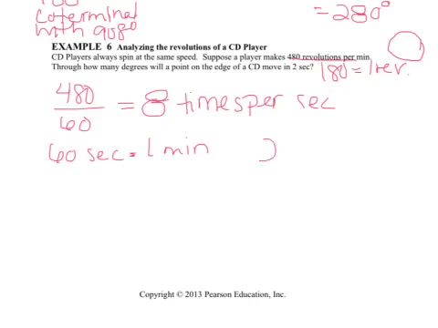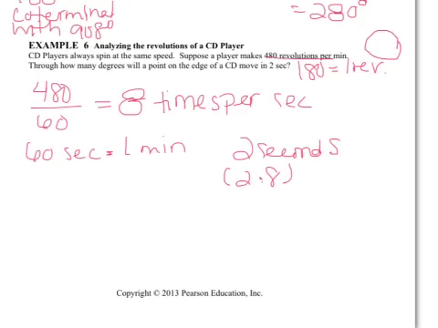So in 2 seconds, we're going to take 2 times 8, which would equal 16. So we have 16 revolutions in 2 seconds then.